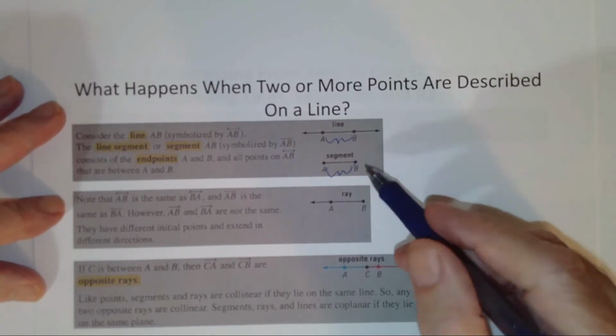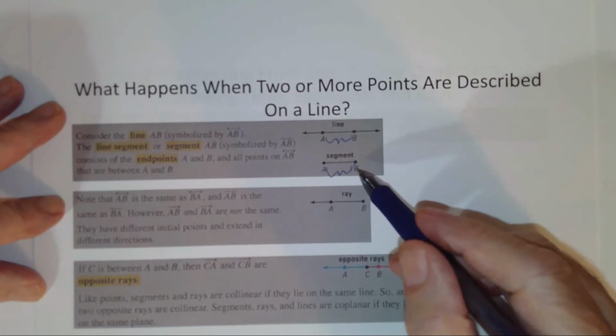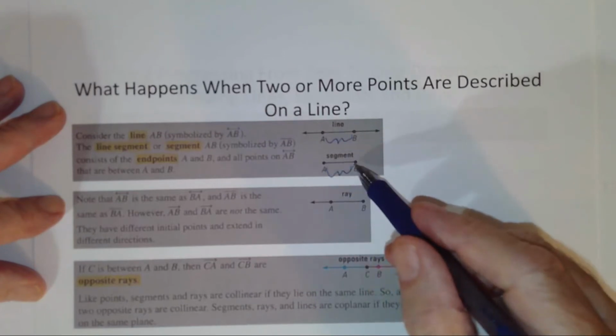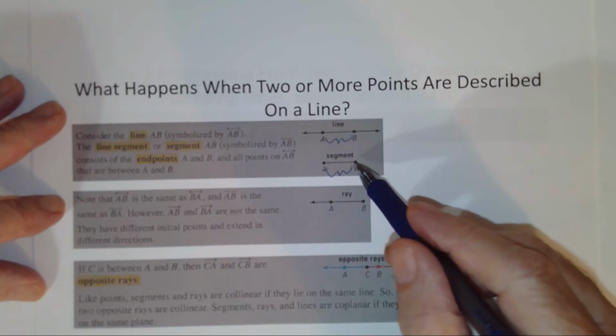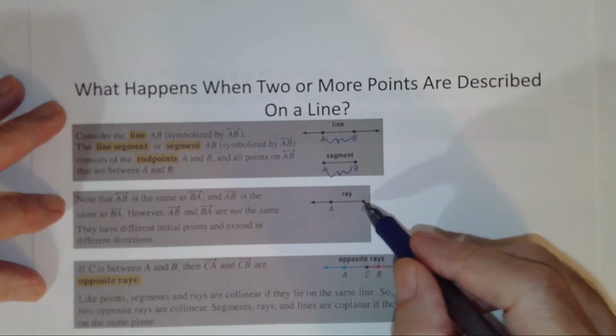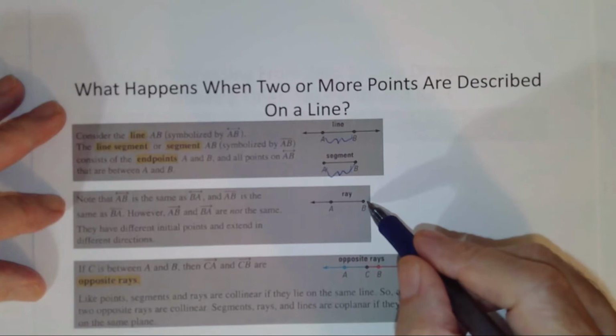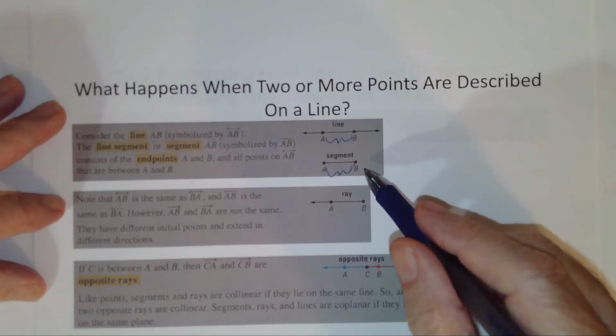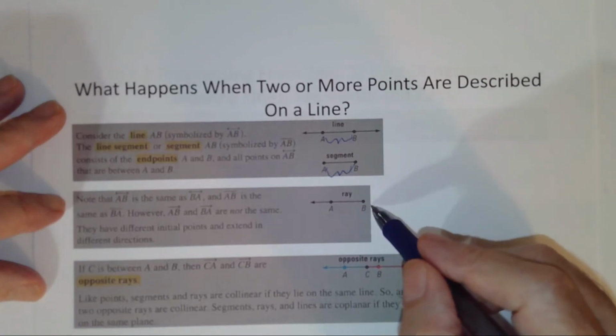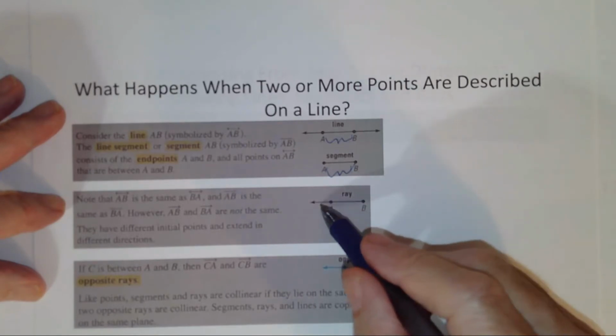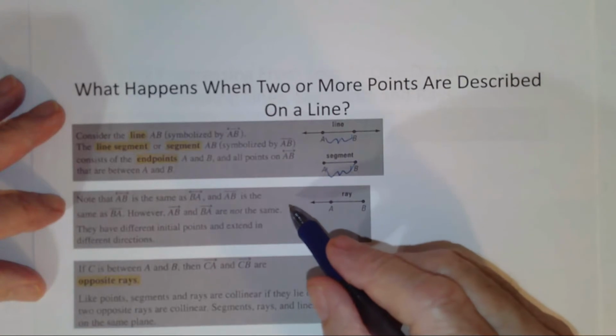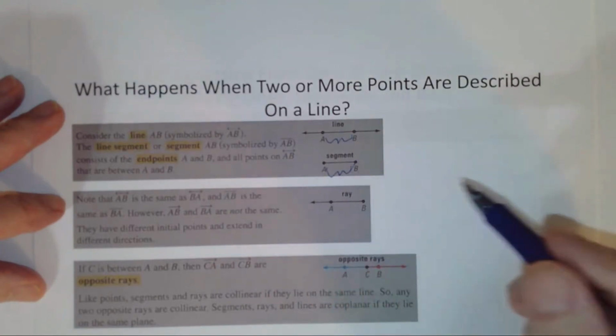And up here, the line segment, I should have said, has two endpoints. So AB has a beginning and an end here. Down here, ray AB, as opposed to segment AB, has a beginning, but it does not have an end, because this arrow shows you that it goes forever and ever and ever to the left. Okay?